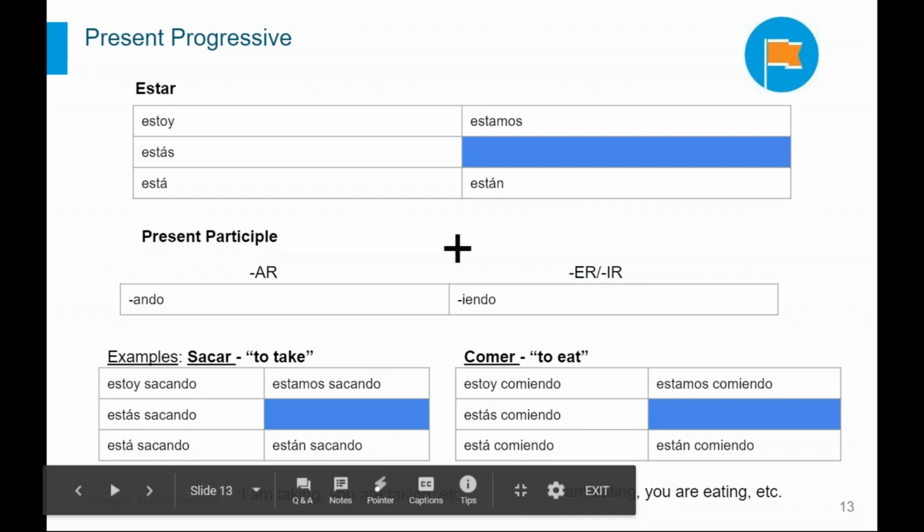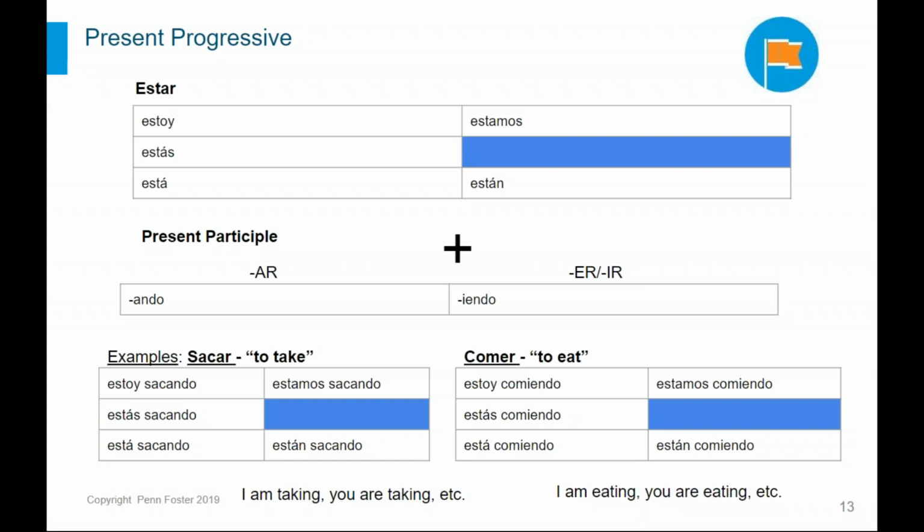So here we have just a layout of how to form present progressive conjugations. As step one said on the previous slide, you're going to take a present tense form of estar, as you see at the top of this slide: estoy, estás, está, estamos, and están being your present tense conjugations of estar. And you're going to follow that with the present participle of the next verb, the thing that is happening right now.